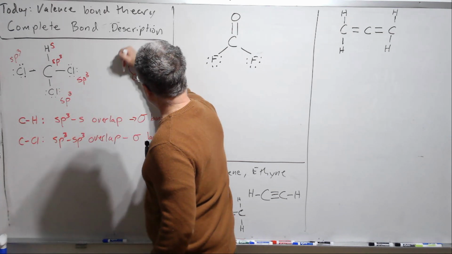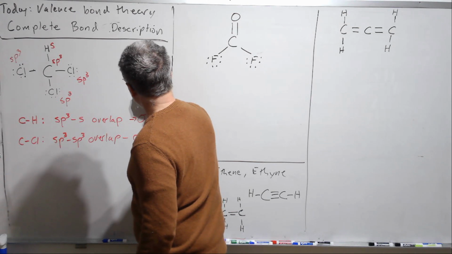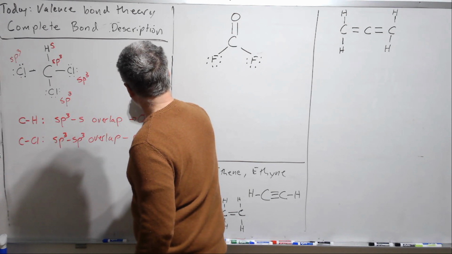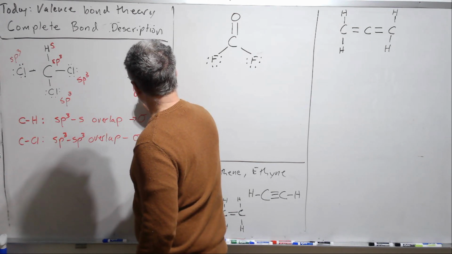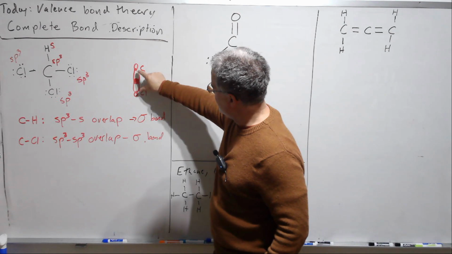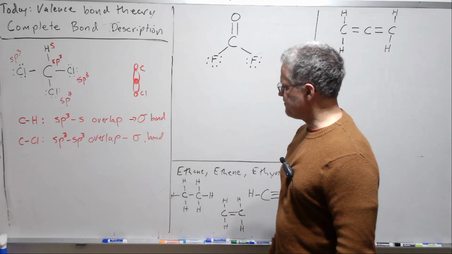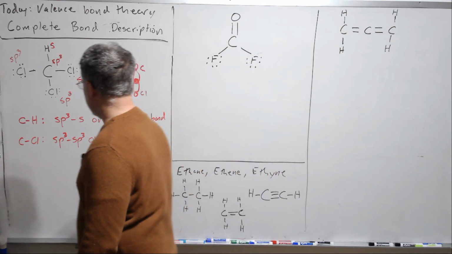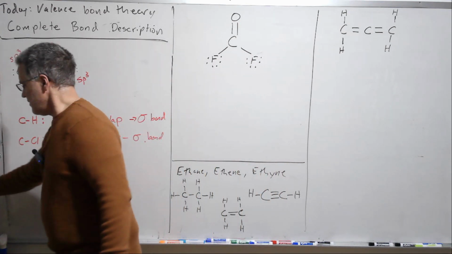Let's draw that. Here's our carbon, here's our chlorine. We have overlap in between, and so it is a sigma bond. Okay, so that's the complete bond description of this molecule.